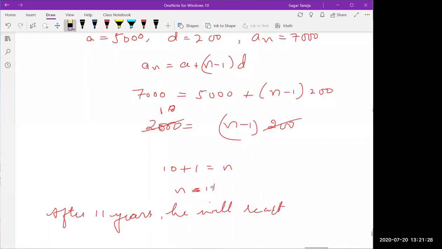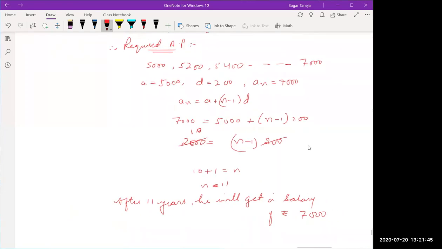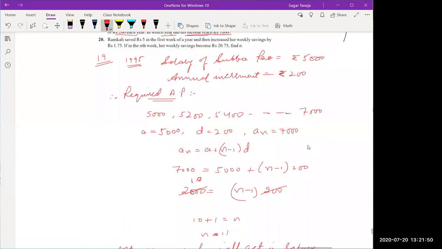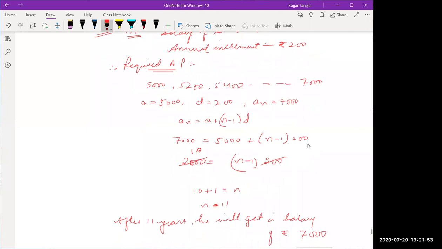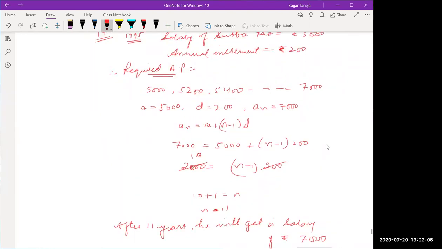Or simply you can write, he'll get a salary of 7,000 in the 11th year. Note it down. Then the last question.